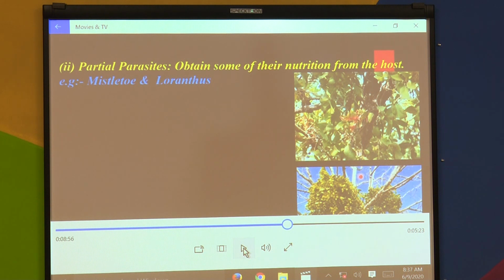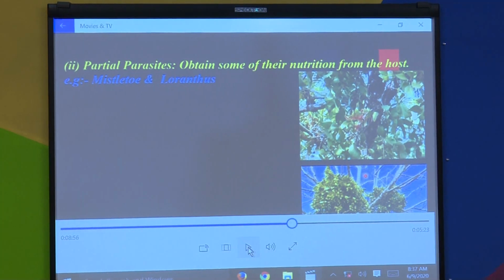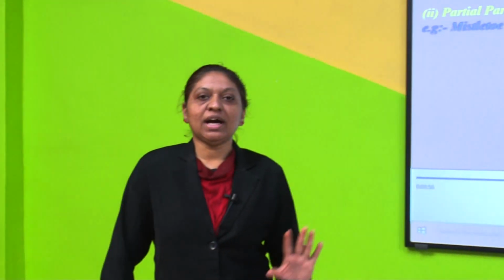See, in total parasites what happens is that these total parasitic plants take all the nutrients from another plant, or another living organism, so that they can live and complete their life cycle. But in partial parasites, they obtain only some of their nutrition from the host.